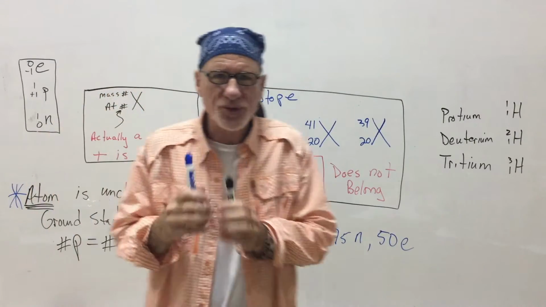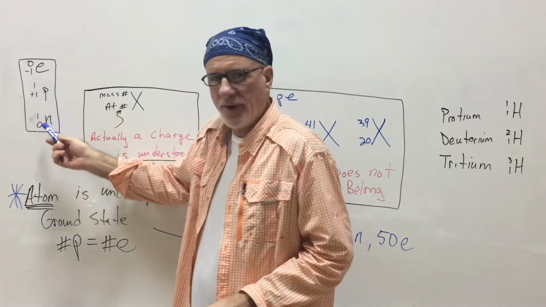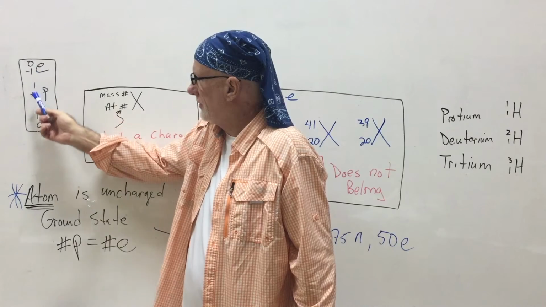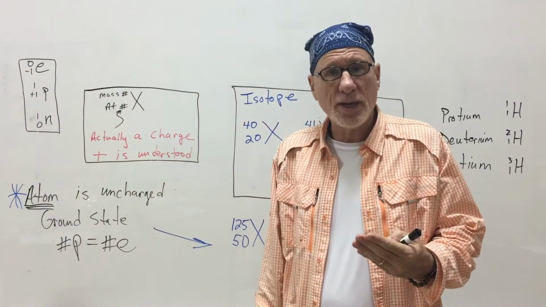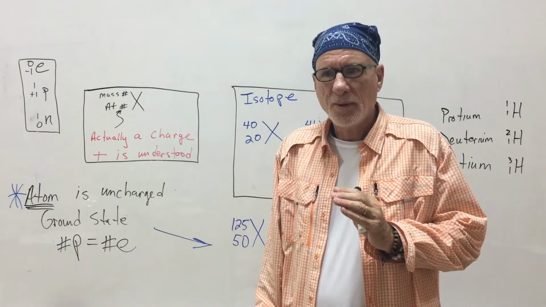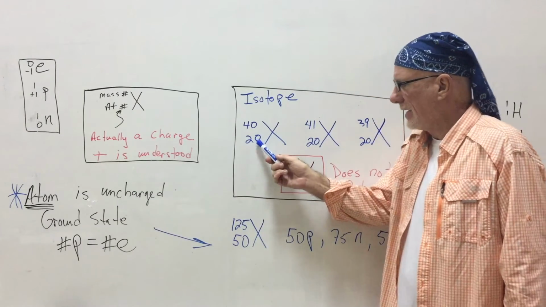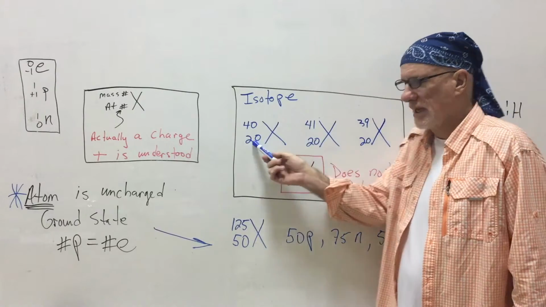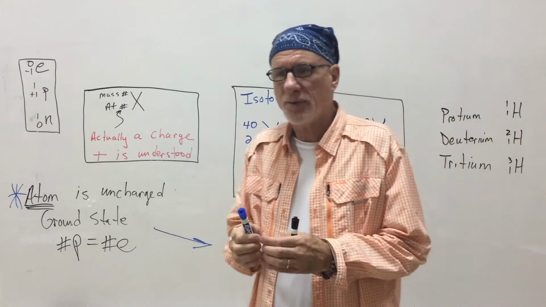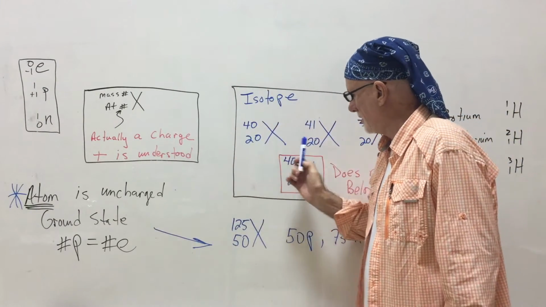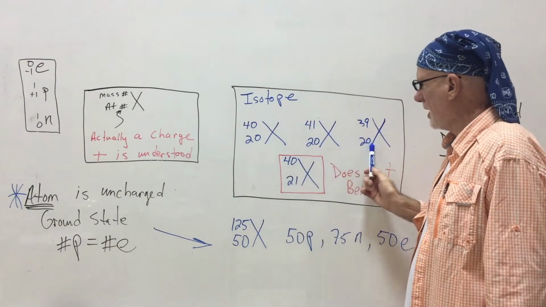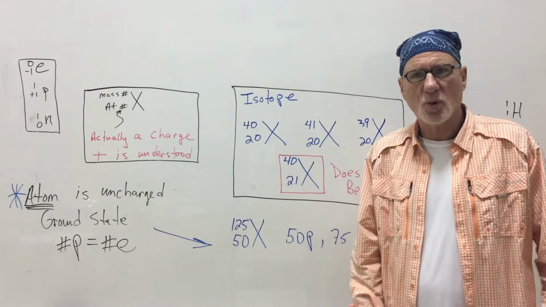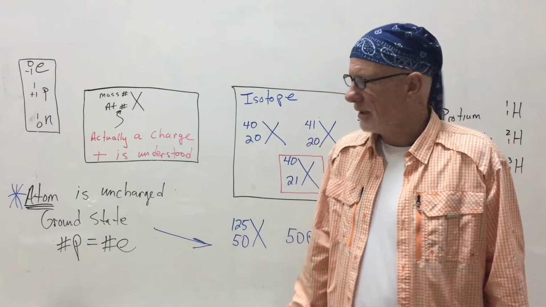So when people see this configuration, they say, well, what's the negative or the positive? We simply say it's understood. It's still positive. It's the number of protons. This is the number of protons and neutrons, or the number of nucleons.